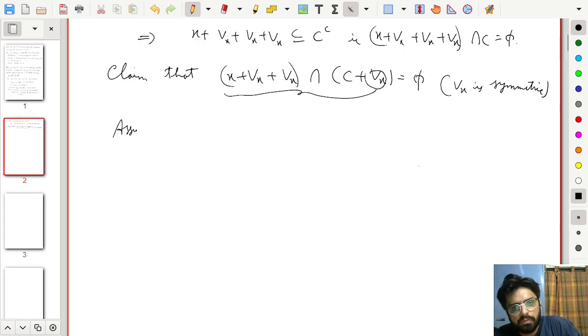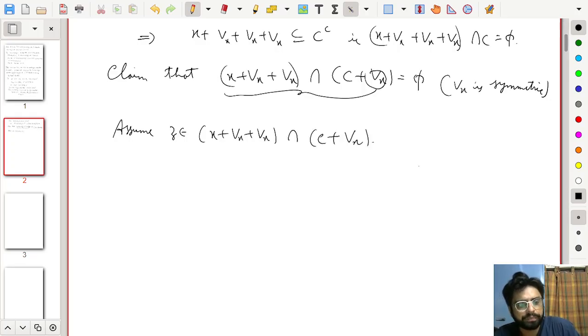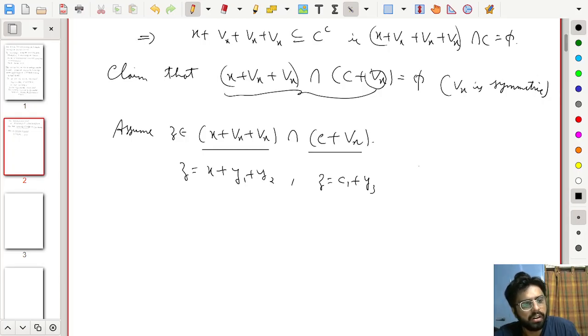So assume z belongs to this intersection, x plus V sub x plus V sub x intersected with C plus V sub x. Since z belongs to this set, we can write z as x plus y1 plus y2, and since z belongs to C plus V sub x, z is equal to some c1 plus y3, where c1 belongs to C and yi belongs to V sub x for i equal to 1, 2 and 3.